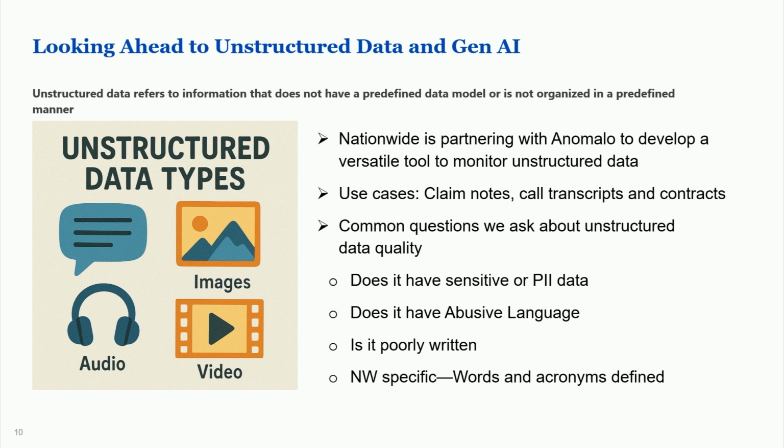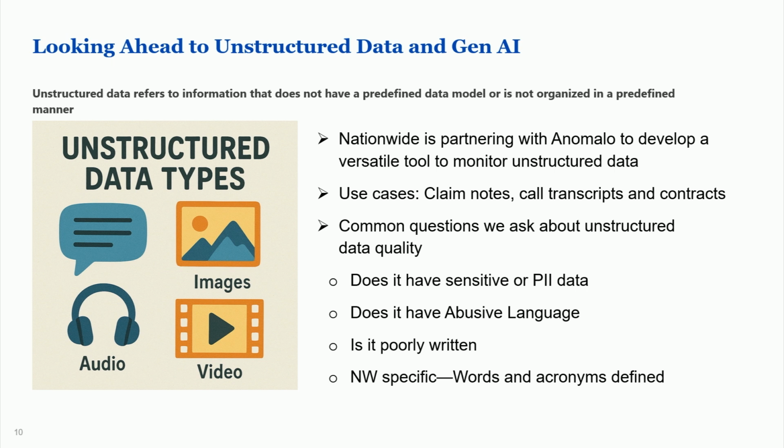As we start to delve into this, we started asking questions about what does quality mean. Some things that we really want to make sure we're identifying in that data is, does it have PI data? Does it have abusive language? Is it poorly written? Does it have Nationwide-specific terminology?